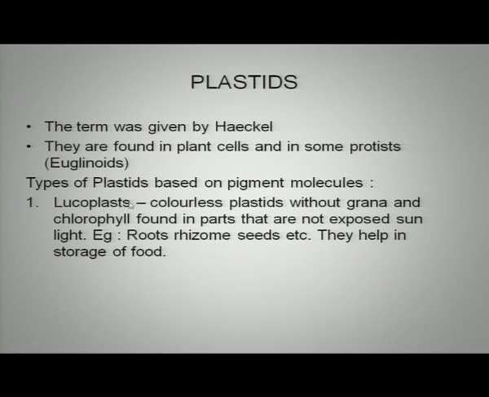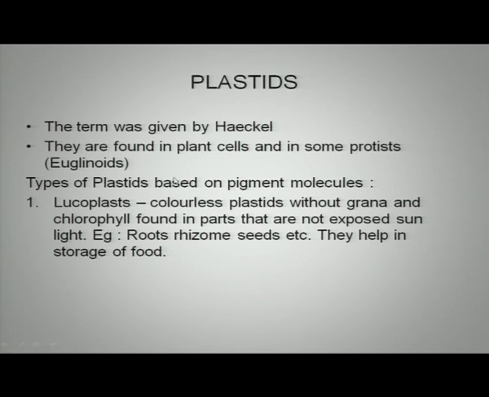The first one is leucoplast. You know, leuco means colorless or white. So, they are known as colorless plastids. They do not have any granules, so agranular. They do not have any chlorophyll, they are colorless, and they are not exposed to sunlight.